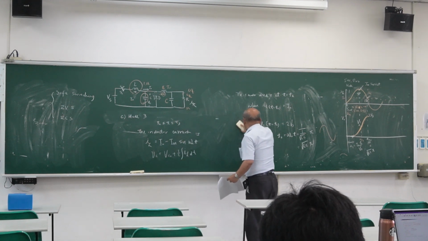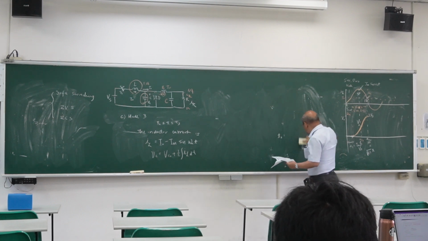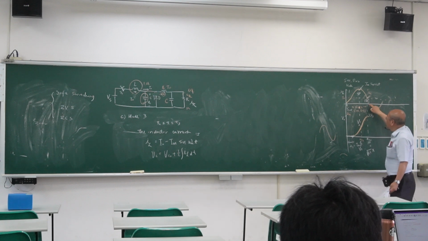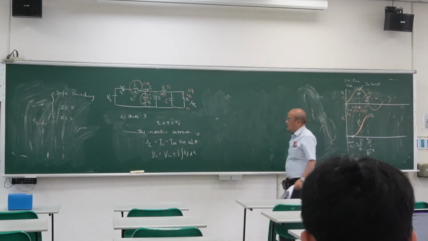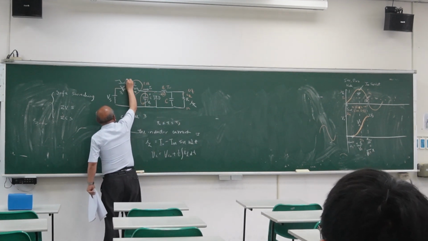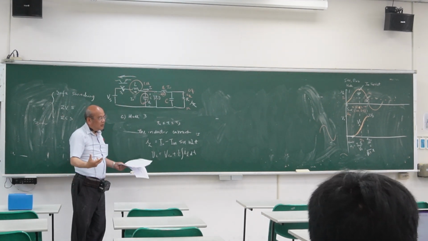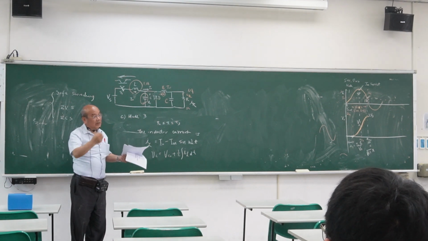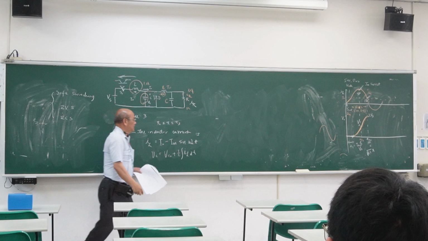So we can calculate the IL and also the VC. But do you think the IL has the opportunity to go negative? Because this is a switch. Do you think the current can go this way? No. So what is the real situation? It becomes zero, but never gets negative, right?